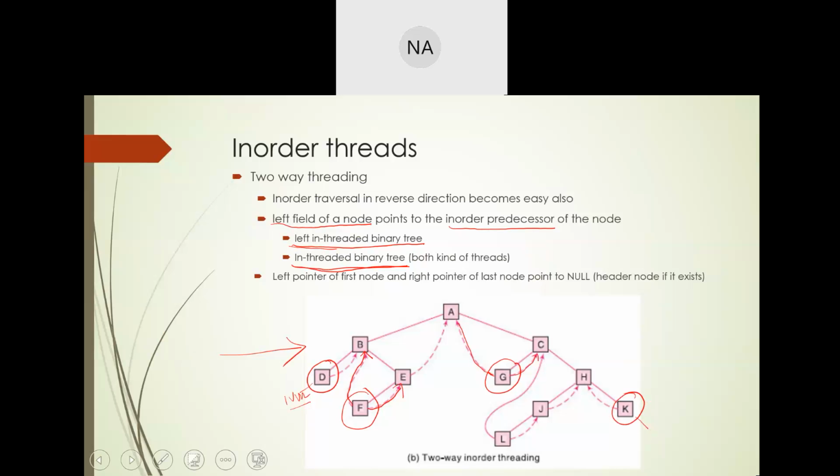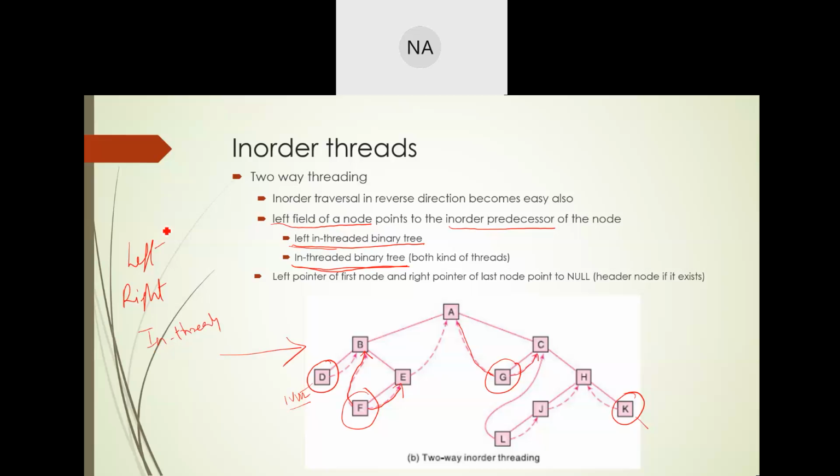So we have the in order threads. In summary, we have two kinds of in order threaded binary tree. One is called the left in threaded, the other is called the right in threaded. If you are using both, then we just call the binary tree an in threaded binary tree.